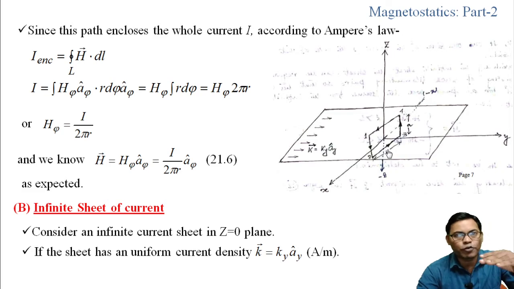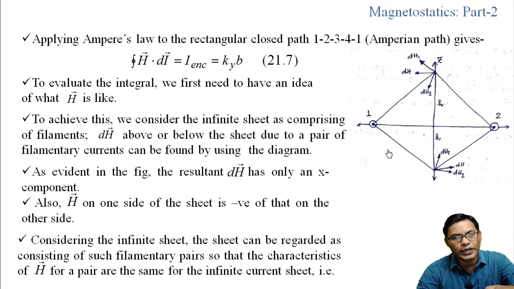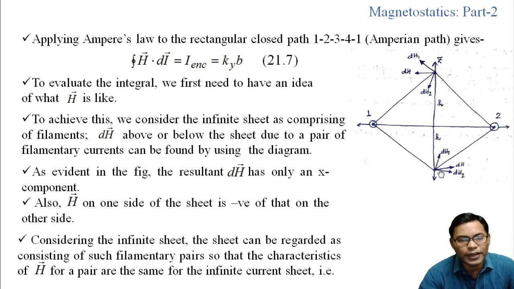Similarly, if we look below the sheet, we will also get the resultant magnetic field intensity. In the same way we can calculate dH, and it is moving along the minus x direction, as evident in the figure. The resultant dH has only an x component.